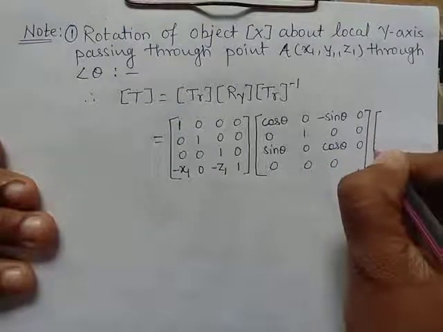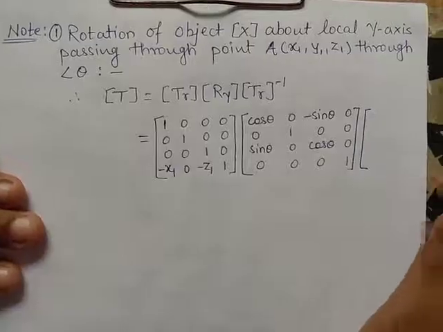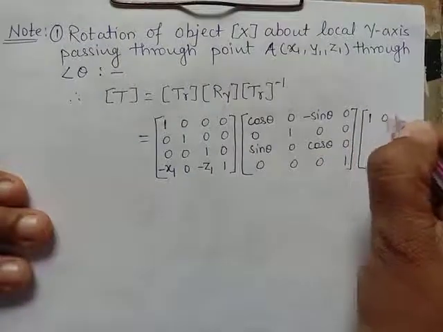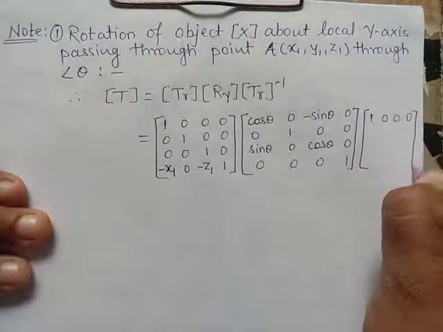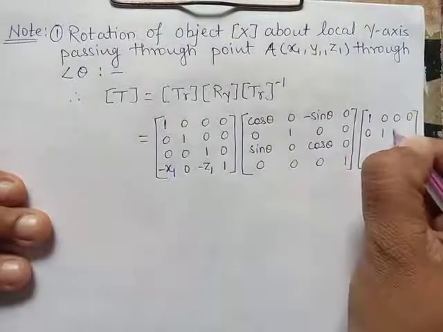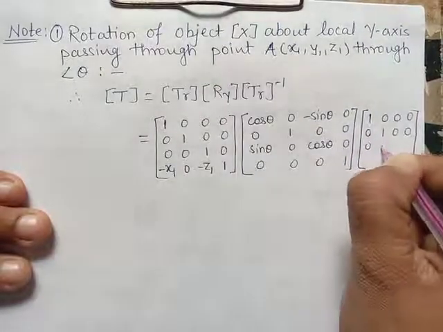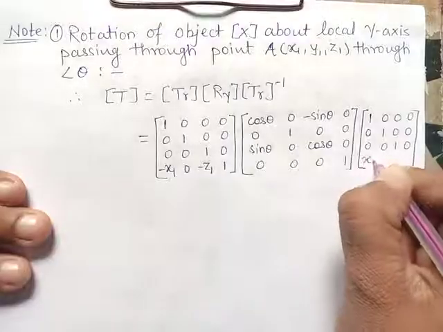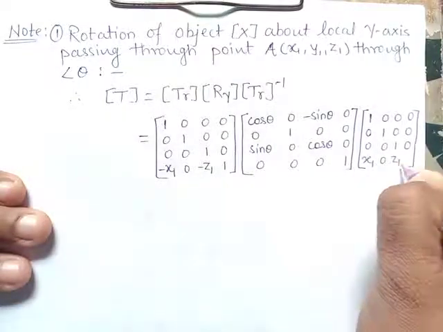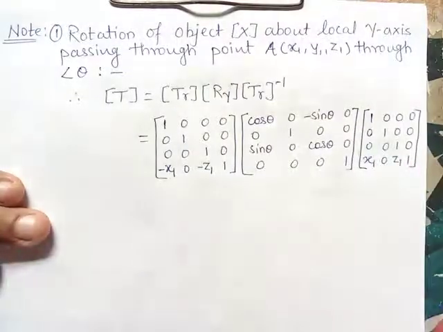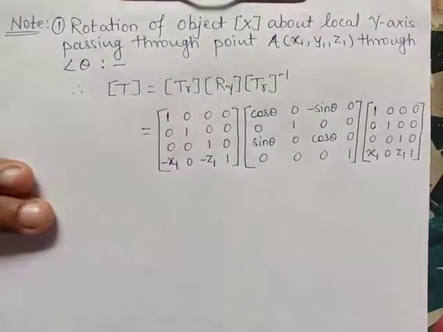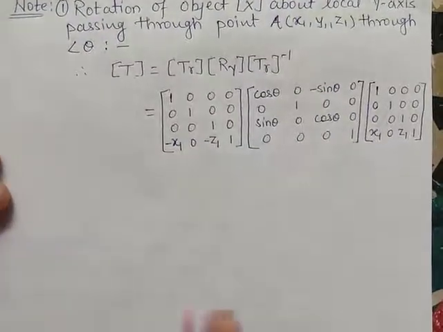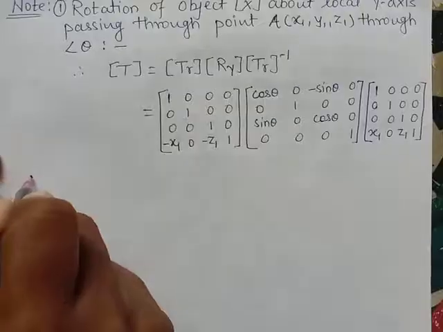And the inverse translation we can write as 1 0 0 0, 0 1 0 0, 0 0 1 0, x1 0 z1 1. This is the inverse translation matrix. Similarly, we can write that one for the z-axis also.